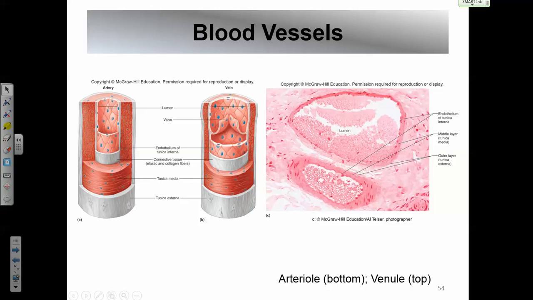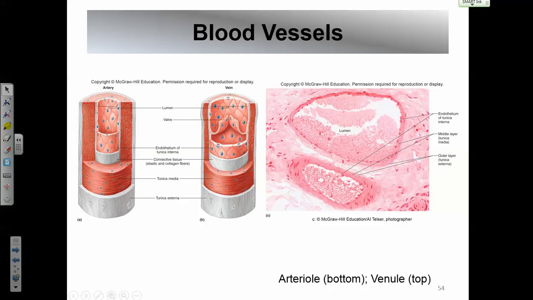I mean, overall, their diameters might be the same, or most of the time, veins are actually bigger in diameter than arteries are, but always the artery is more thick-walled because it has blood of the highest pressure. And so it's got to be thick and strong so that it won't burst, okay? An aneurysm is when an artery loses some of its strength and it bulges and it bursts, which is terrible.